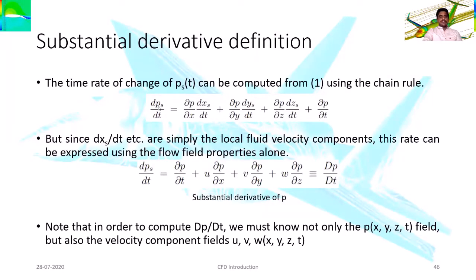I have written dP_s by dt in terms of partial derivatives: dou p by dou x, the partial variation only along the x direction, only along the y direction, only along the z direction, and with respect to time.